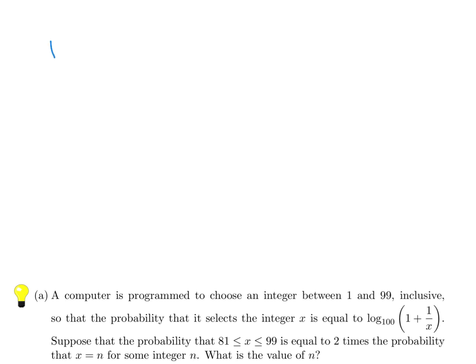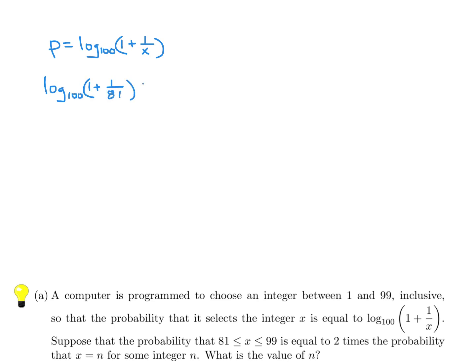So we have the probability that some number is chosen, that number being x, is log of 1 plus 1 over x to the base 100. Okay? And therefore, the probability that x is between 81 and 99, you have to add them. So the probability that something chosen will be 81 would be the log of 1 plus 1 over 81 to the base 100.